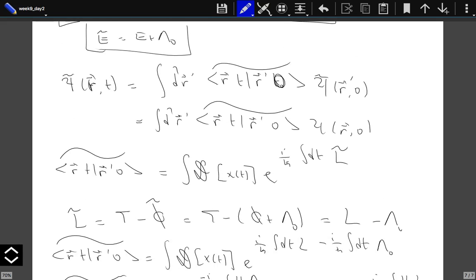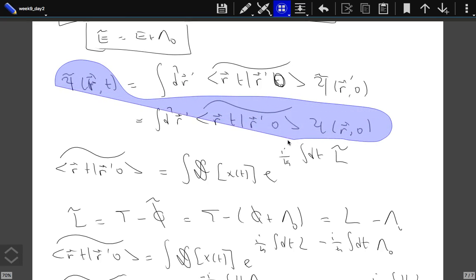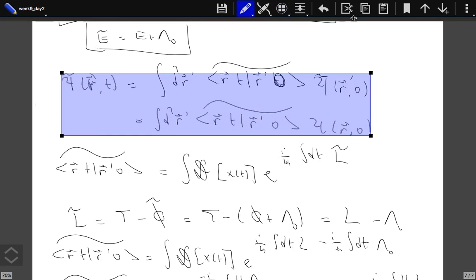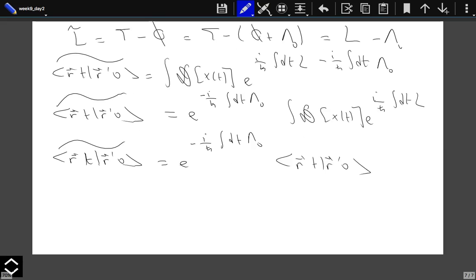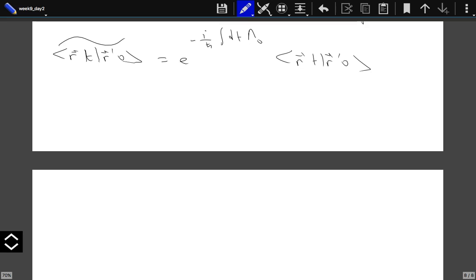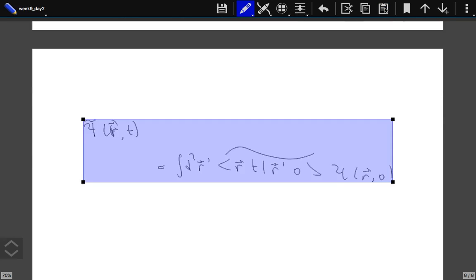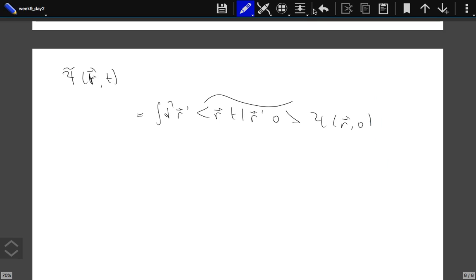So if we go back to our wave function, basically what we are doing is assuming that I have the same wave function initially, but then they evolve under different potentials, where the difference in the potentials is just a shift.